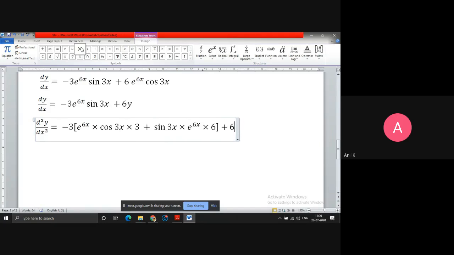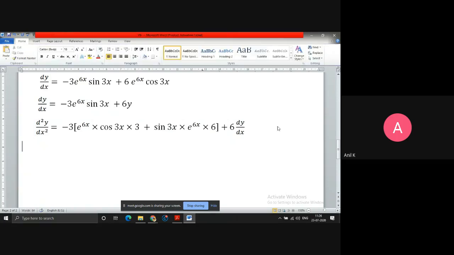Derivative of y is dy by dx, so 6 dy by dx. If you want, you can keep the 6 in front as a product. Now see if you can replace or do anything after.